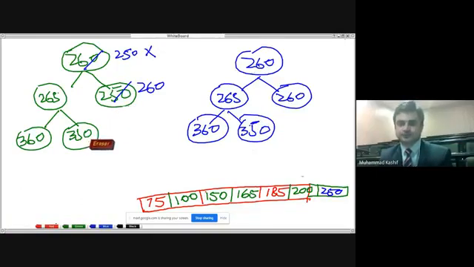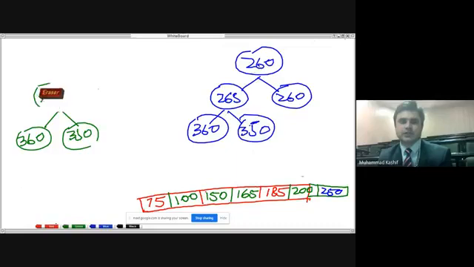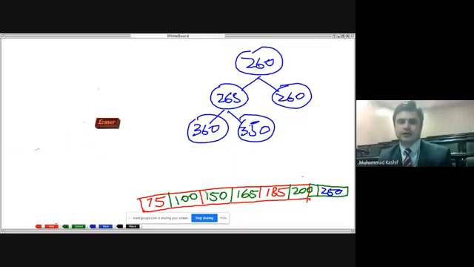So after again checking level by level, we can see 260 is smaller than its left child, and if we compare this node with the right child, both are the same, but we cannot swap because both are the same, right? So 260 can be deleted. So our new array would be like this.